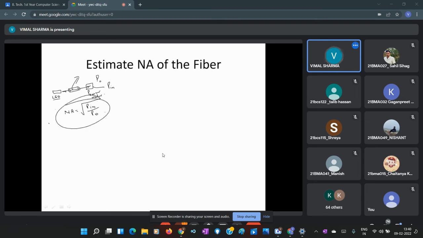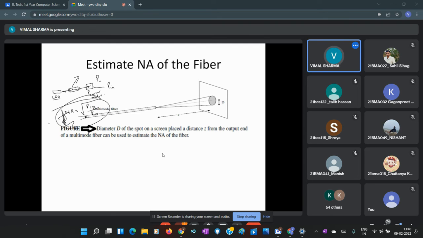So sometimes a question on numerical aperture may be asked like this. Then we have another experimental technique to measure or estimate the numerical aperture of the given optical fiber.